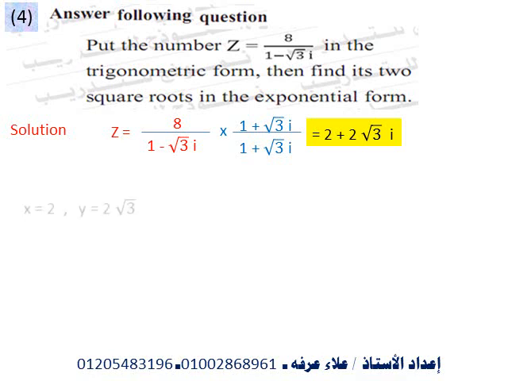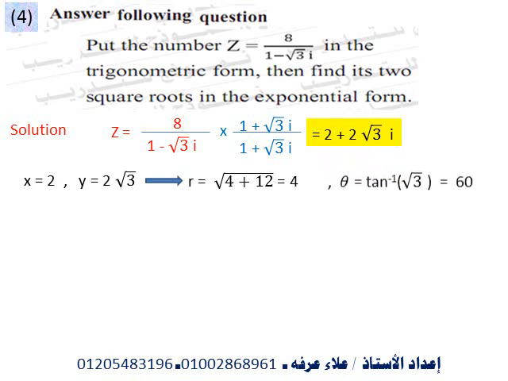Then x equals 2 and y equals 2 root 3, and r equals root of 4 plus 12 equals 4, and theta equals tan inverse root 3 equals 60. Then z equals 4 (cosine 60 plus i sine 60).